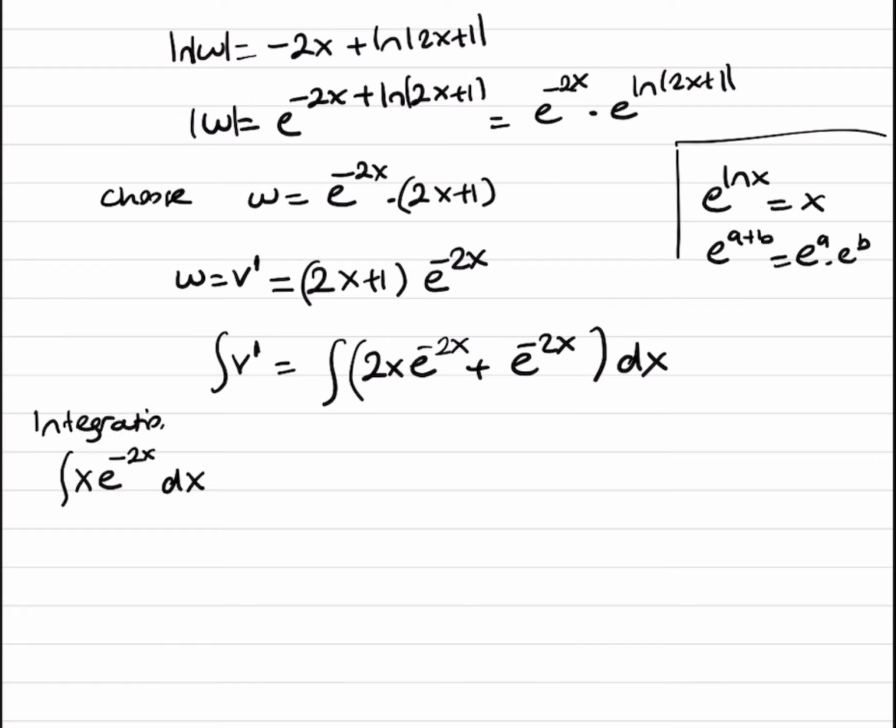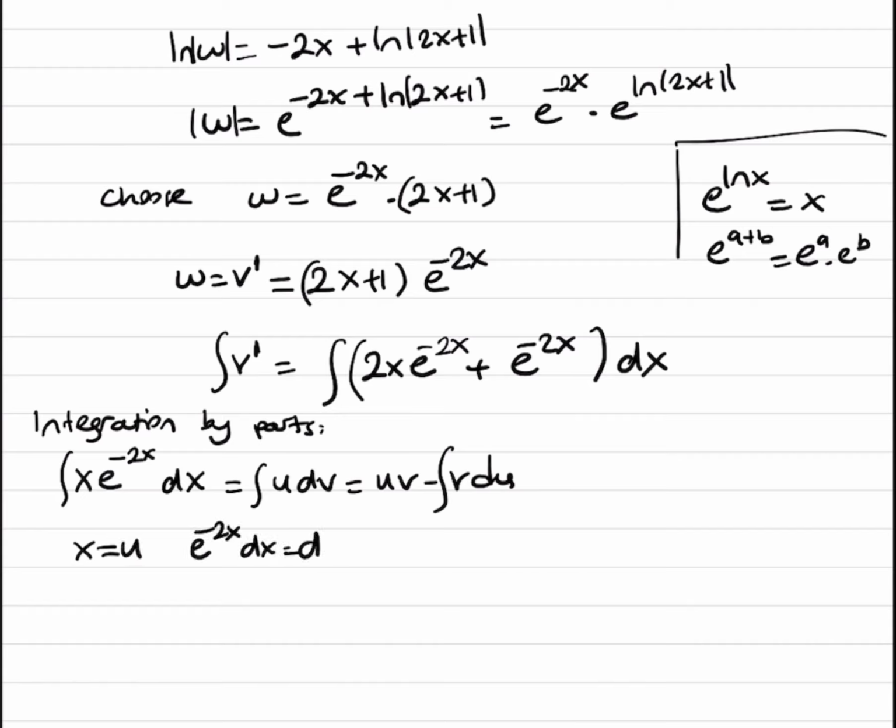Integration by parts. So this is u times v minus the integral of v du. What is u? x is equal to u, and e to the power minus 2x dx is equal to dv.